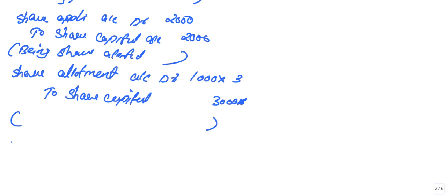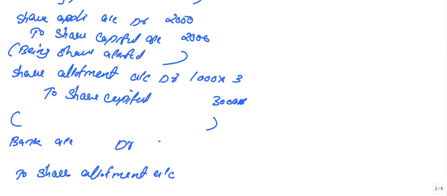And next, I am collecting that money, that is the bank account debit, and how much we received, that amount, and to share allotment account. I can't cancel. So I am writing here share allotment account. I am saying no arrear here, so I can write the 3000 here.